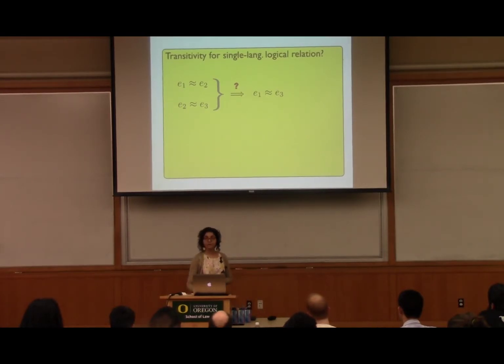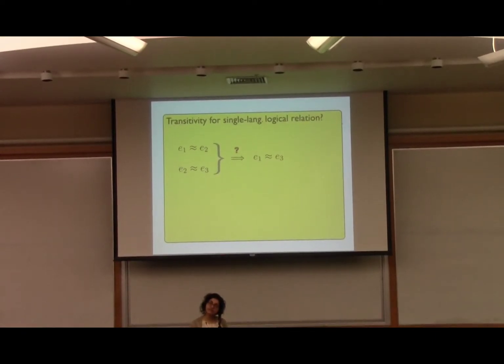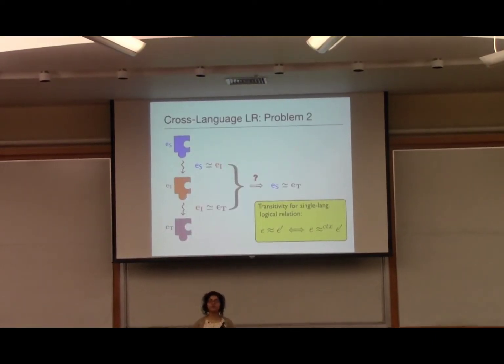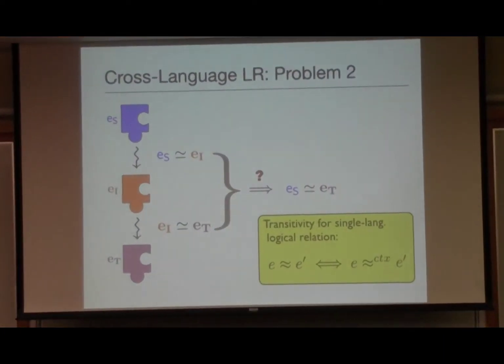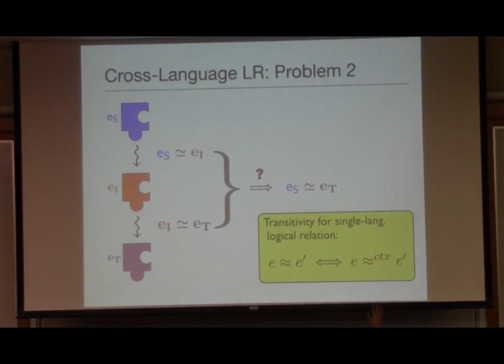Okay, now, let's see if we can take this insight and try to understand what happens here. So here's my idea. Transitivity for a single logical relation, we get it by proving that the logical relation corresponds to contextual equivalence. But remember how yesterday I told you that this is a cross-language logical relation. There is no definition of contextual equivalence, right? There are no contexts.